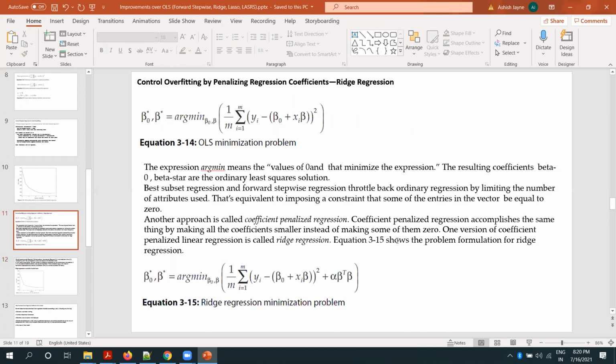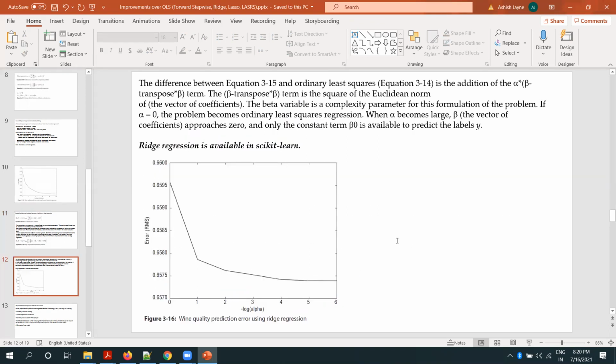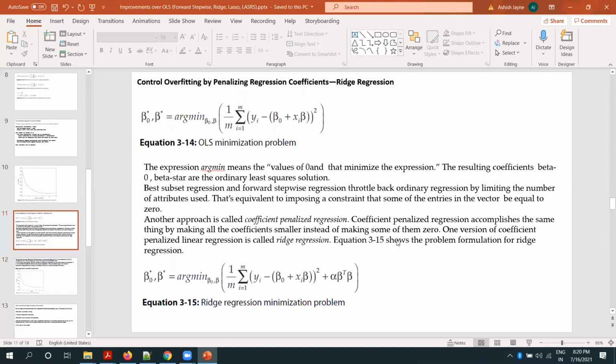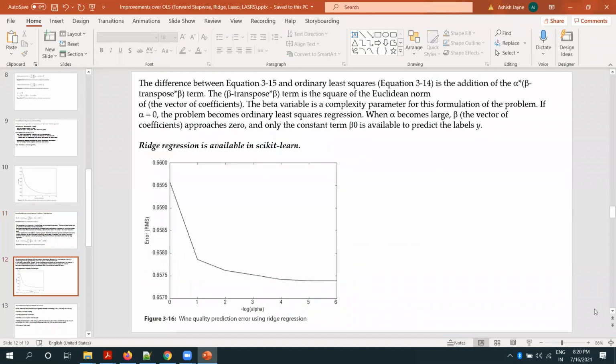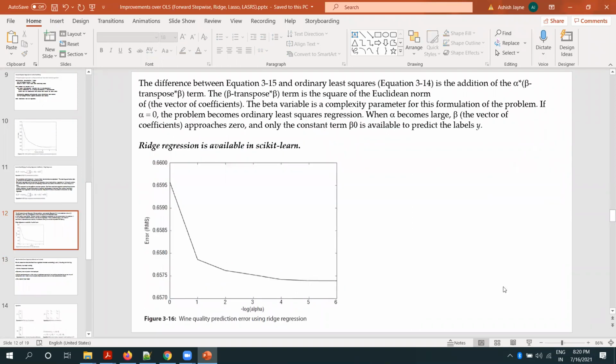If you simply choose to use linear regression with scikit-learn, it will give you the OLS version of it. And over here, as you see, we are trying to plot our error against the negative log of alpha. Alpha is the term in our penalty coefficient.